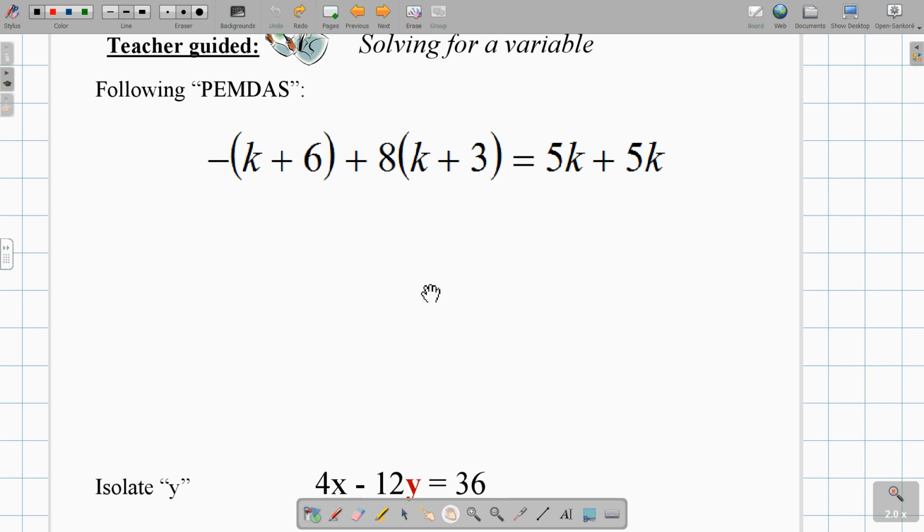This negative sign technically is -1. Whenever you see a stray negative sign, add the -1. Now we're going to circle, distribute, physically circle and distribute. That is super important. Physically circle and distribute.